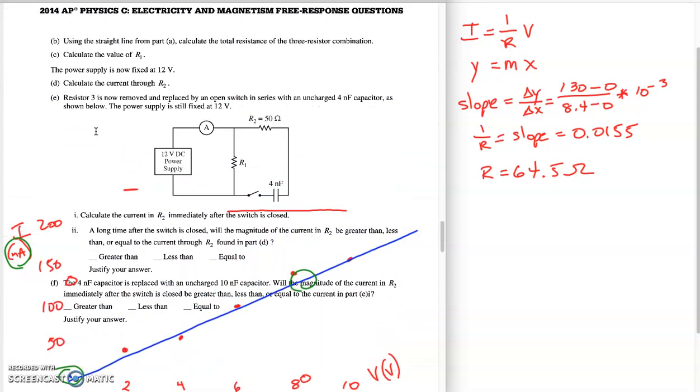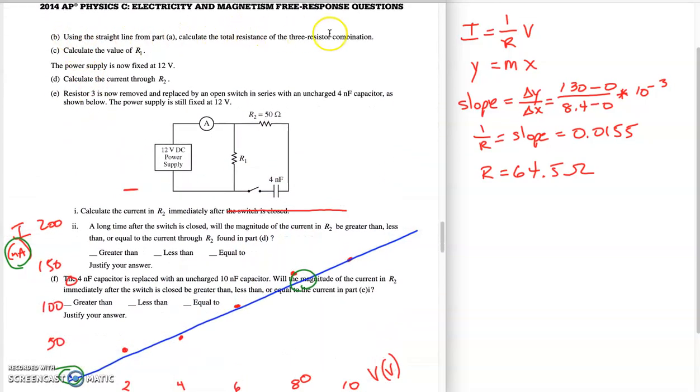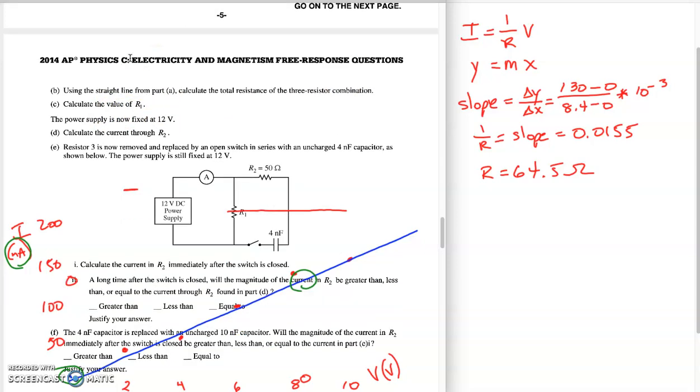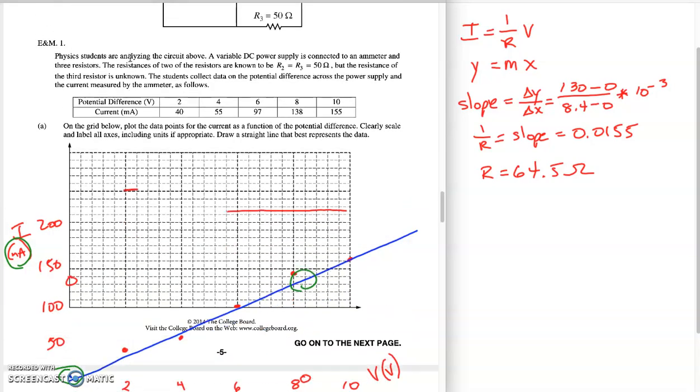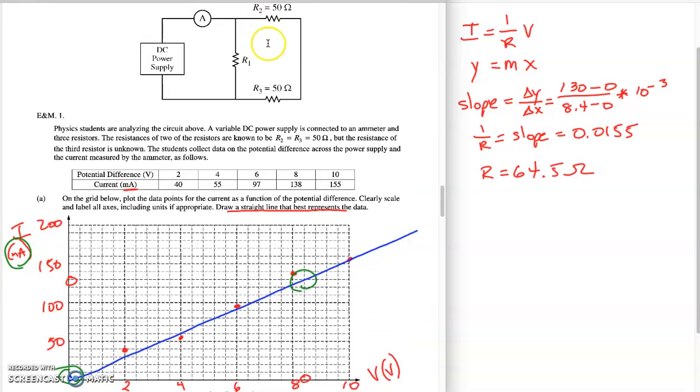Now, simply scrolling down says, using a straight line, calculate the total resistance, and now we're going to have to calculate the value of R1. Before I erase all of my graph stuff on here, let's scroll back up one more time and take a look at this resistance situation here, where the total resistance that we just calculated of 64.5, so R total, is going to be a result of R1 and R2 plus R3 in parallel.